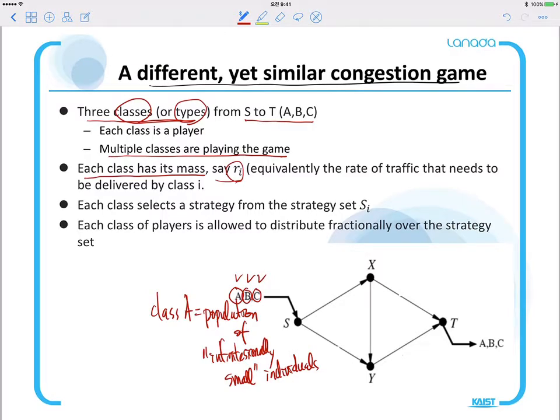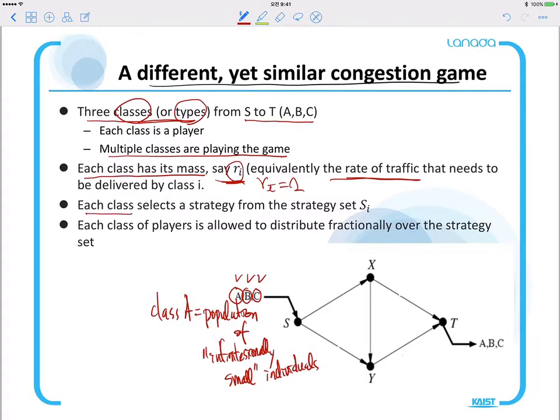And we're going to use the word mass from the perspective of the traffic, and this can be regarded as the amount of the traffic that needs to be transferred per unit time, or you can define it as the rate of the traffic. For the meantime, you can regard R_A as equal to 1. It has a unit mass.